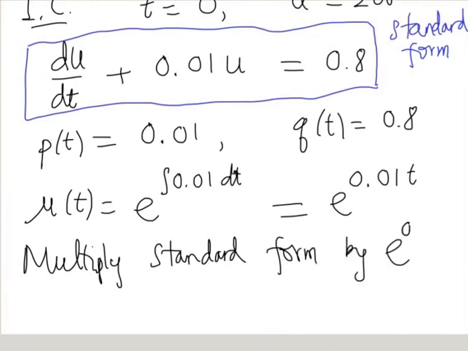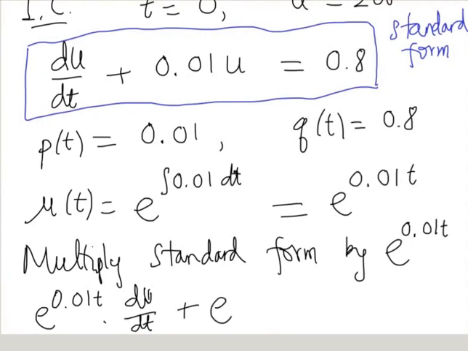In this case, the integrating factor is e to the 0.01 t, and so we have e to the 0.01 t du dt plus e to the 0.01 t times 0.01 u equals 0.8 e to the 0.01 t.